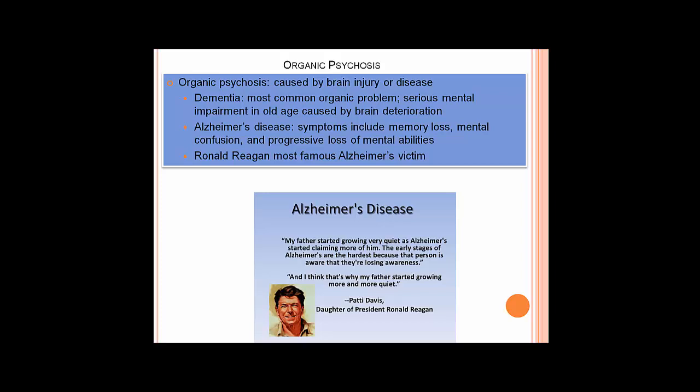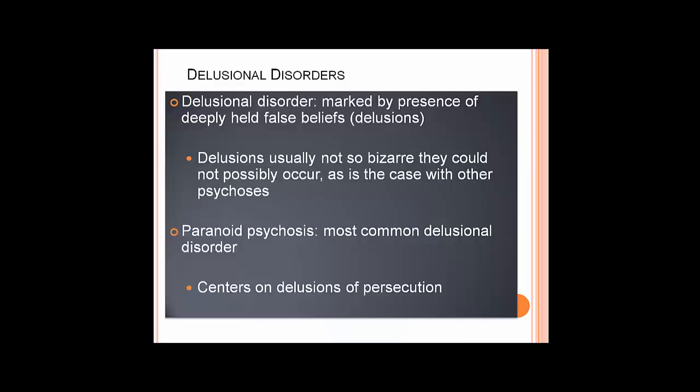Then there are organic psychoses. Dementia is certainly an organic psychosis. Alzheimer's disease, where Ronald Reagan was the most famous Alzheimer's victim. There are delusional disorders. A delusional disorder is marked by the presence of deeply held false beliefs. You cannot argue with somebody with a delusional disorder, and they are very difficult to treat.